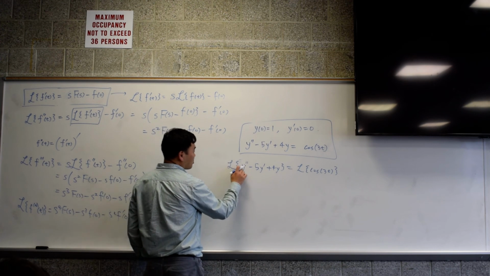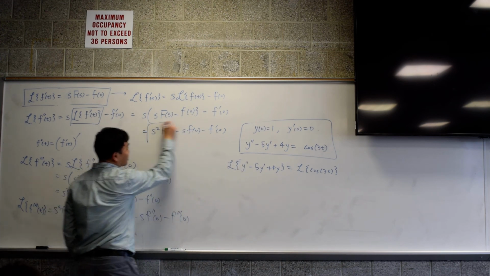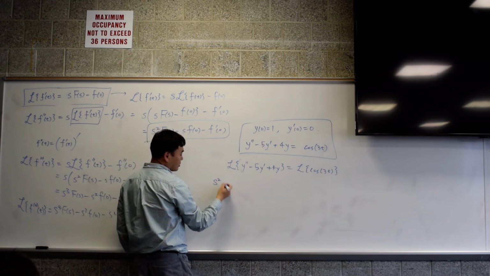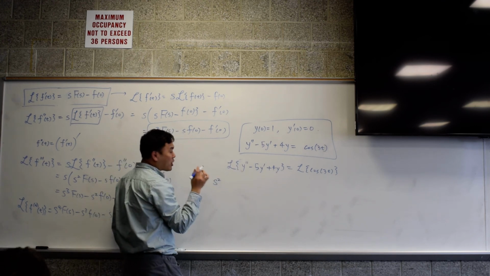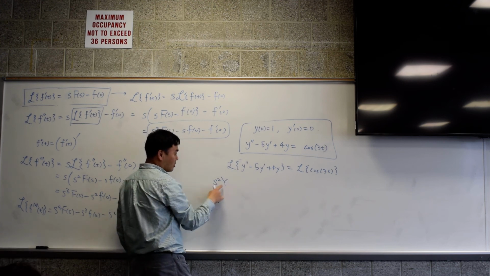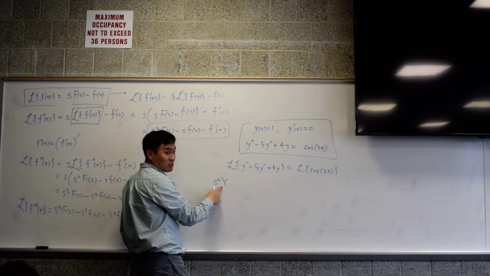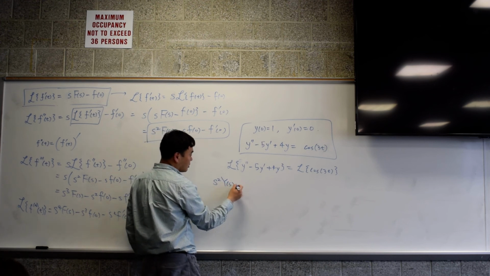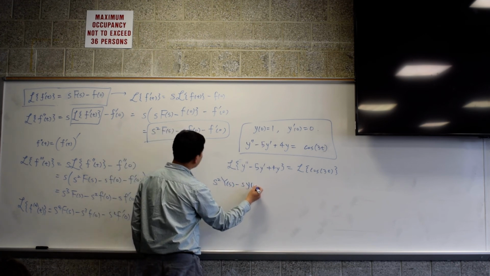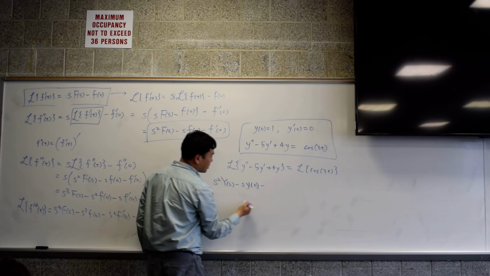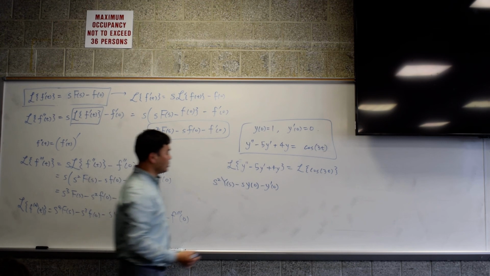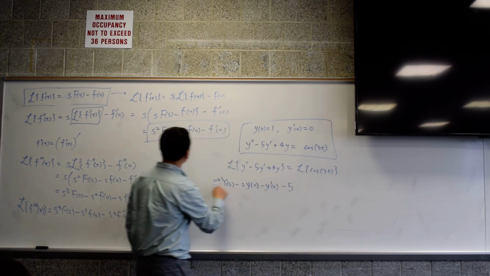Now, this is the Laplace transform of y double prime, so I can use this one, right? So what does that give me? S squared times the Laplace transform of y, which will be called capital Y because of our convention of using the capital for the transformed function, minus s times y of 0 minus y prime of 0, minus 5 times the transform of y prime.